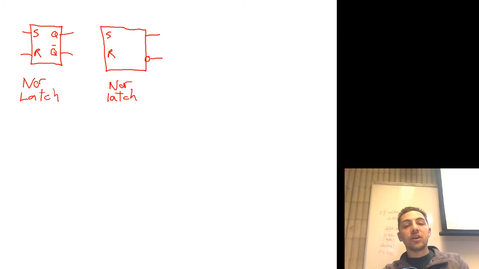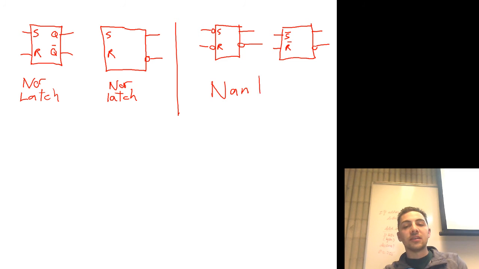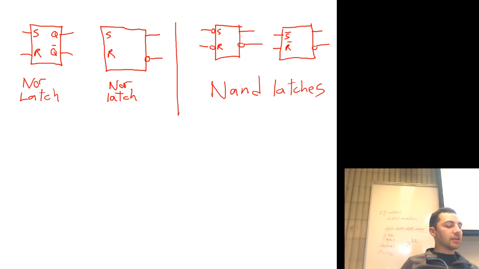To indicate that we're using NAND latches, we would either do something like this to indicate that S and R are active low, or we might say S bar, R bar. This implies NAND latches. So, basic building blocks: NAND latches, NOR latches.